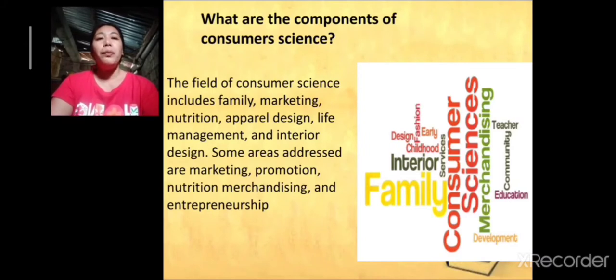What are the components of consumer sciences? The field of consumer science includes family, marketing, nutrition, apparel design, life management, and interior design. Some areas addressed are marketing promotion, nutrition merchandising, and entrepreneurship.